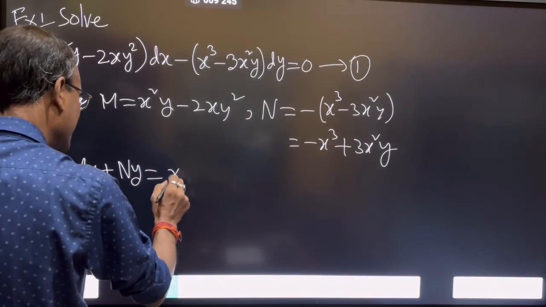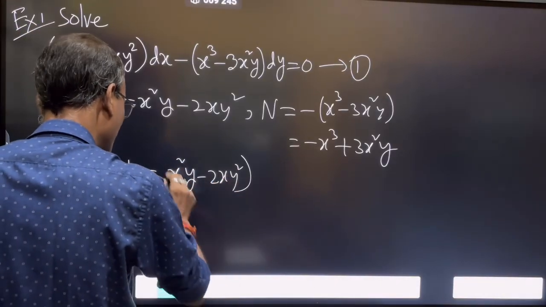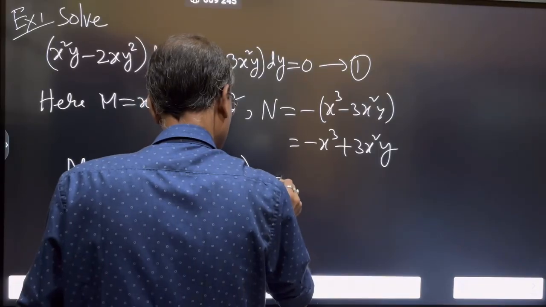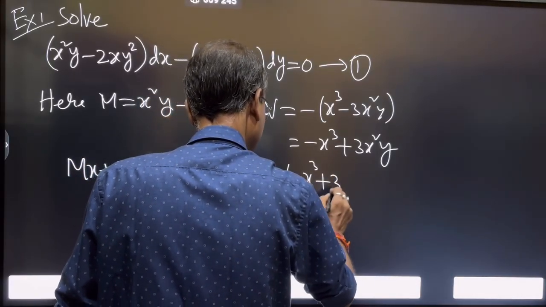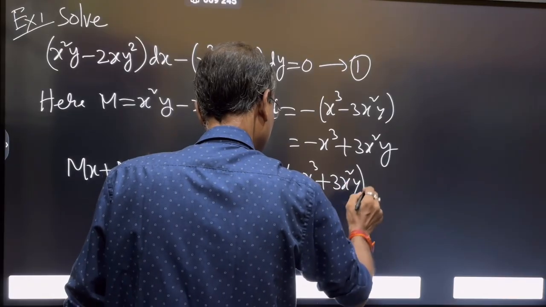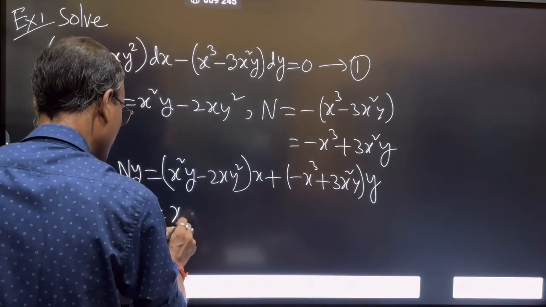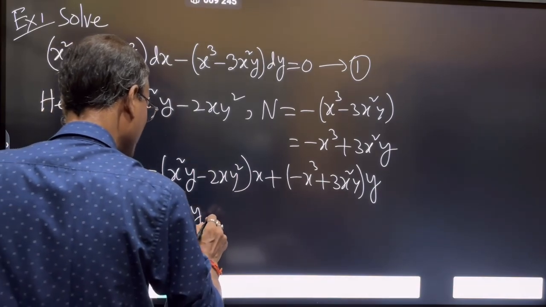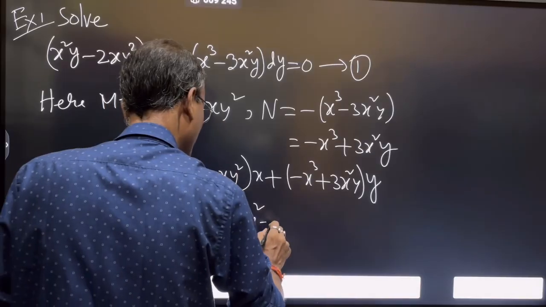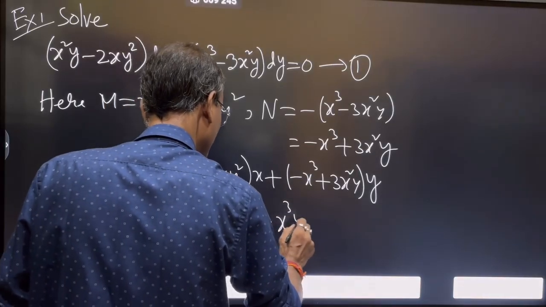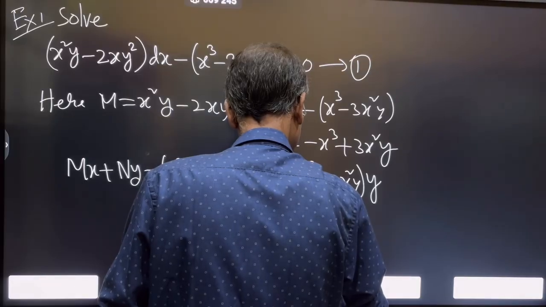Mx plus Ny is (x square y minus twice x y square) into x, plus (minus x cube plus thrice x square y) into y. This is equal to x cube y minus twice x square y square minus x cube y plus thrice x square y square.